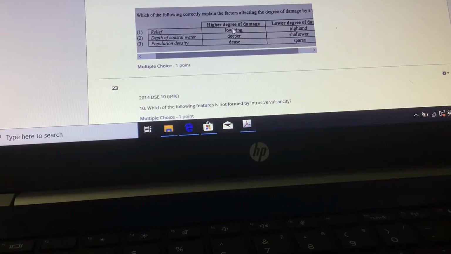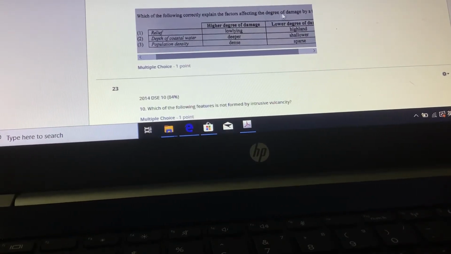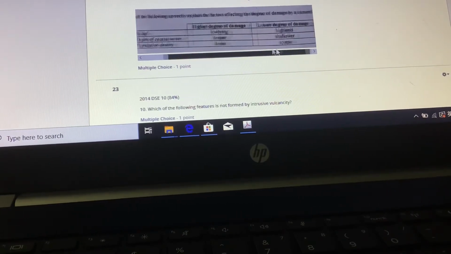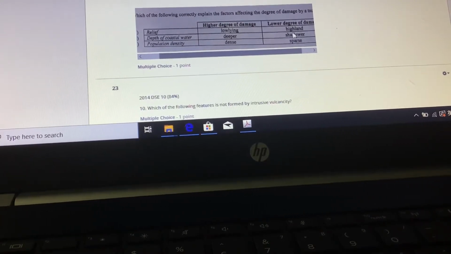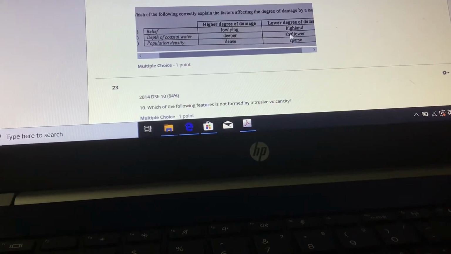Which is talking about the degree of damage caused by a tsunami. Tsunami relief, high degree of damage. It will happen in the low-lying area. This is right. Highland will have a lower degree of damage. This is right also.